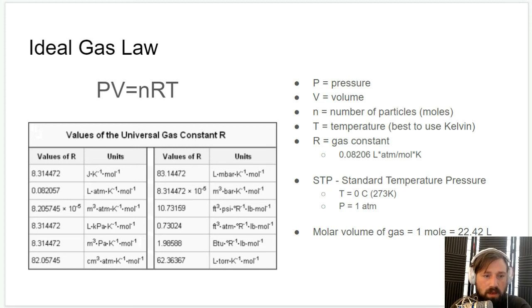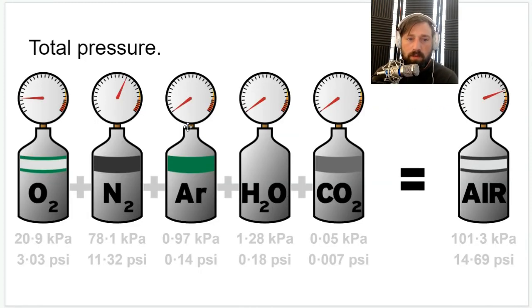The other thing that I want to talk about is Dalton's Law of Partial Pressures. Dalton's Law of Partial Pressures says that if you have a mixture of gases, like our typical air that we breathe in, we're going to have some sort of total pressure, and this total pressure is made up of the pressure given off by the CO2, the H2O, argon, nitrogen, and all the other gases that make up this mixture.